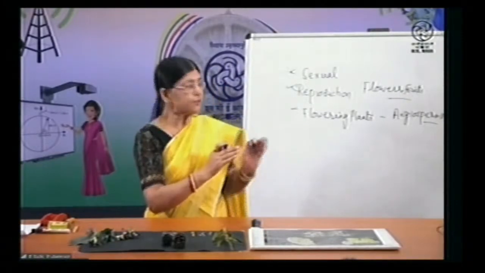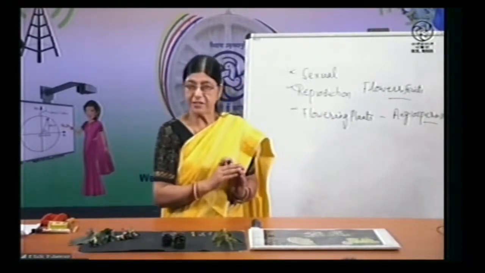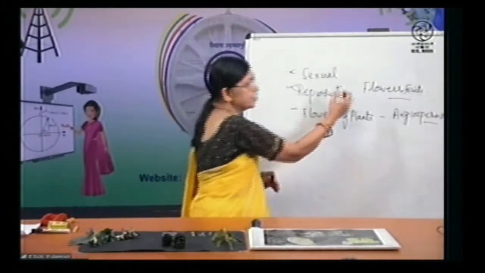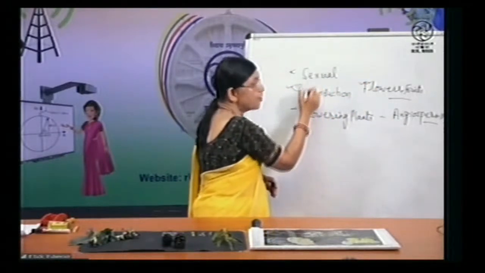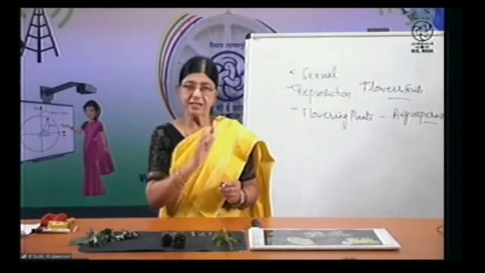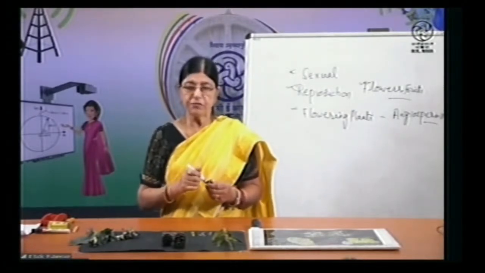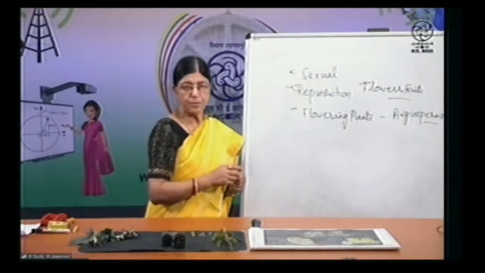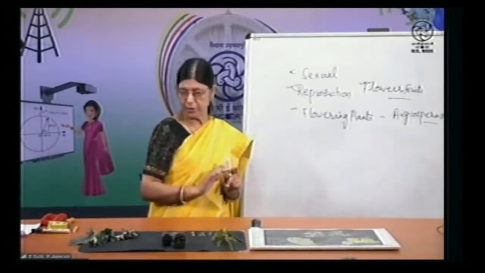In previous groups, these two characteristics were not there. These flowers have been developed for sexual reproduction, and this has already been taught in the previous class, standard 11, so all of the students know about it. Just for recapitulation, I told about it.